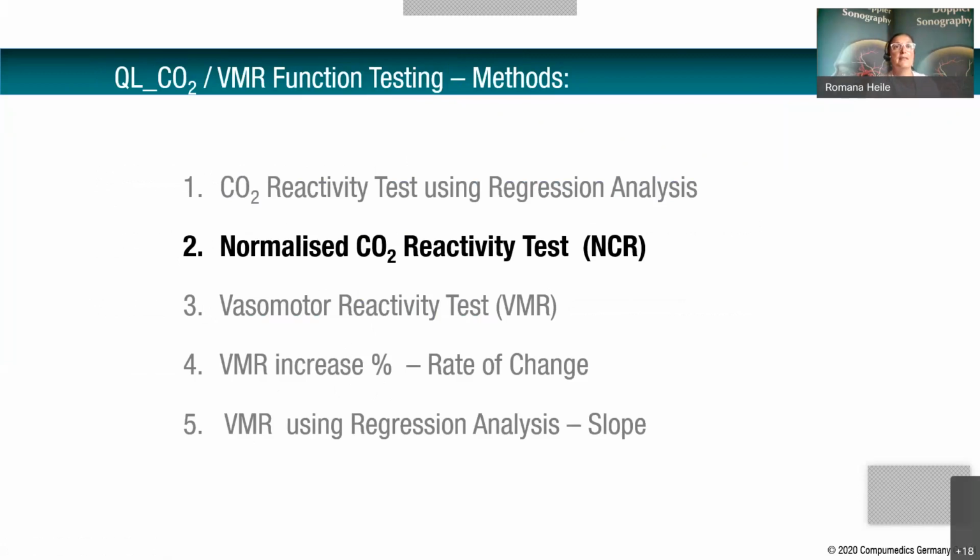The second test that I would like to introduce to you is the so-called normalized CO2 reactivity test. Basically, it's the same as the previous one, the CO2 reactivity using regression, but not as a regression test. It's only using 2 test cycles. That means we are looking at the baseline and at the steady state of increased CO2 concentration.